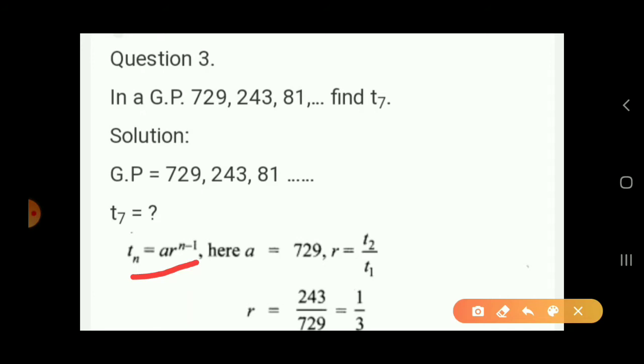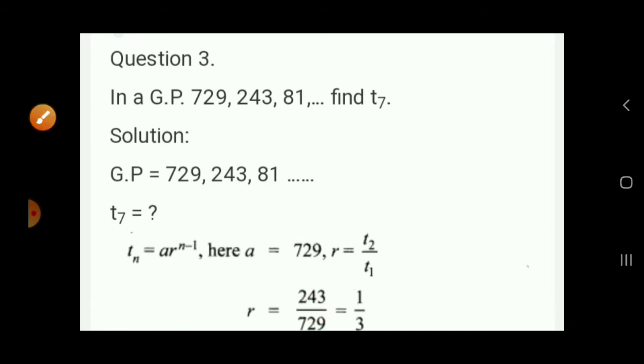A is already given; see the sequence, so 729. R you can find using the formula T2 by T1, so 243 divided by 729, which is 1 by 3. So 1 by 3 is R. A is 729, R is 1 by 3.